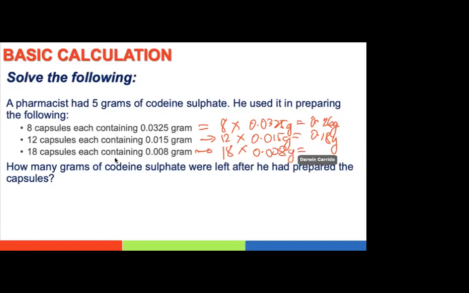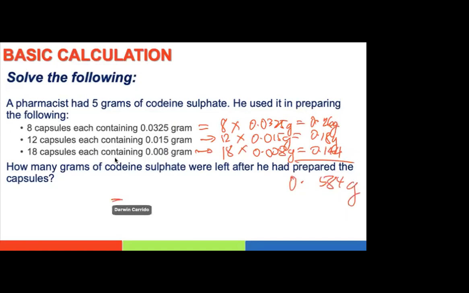What's the answer? 0.1434. And what is the total amount of codeine sulfate that was used by the pharmacist? 0.584. Is that the final answer?